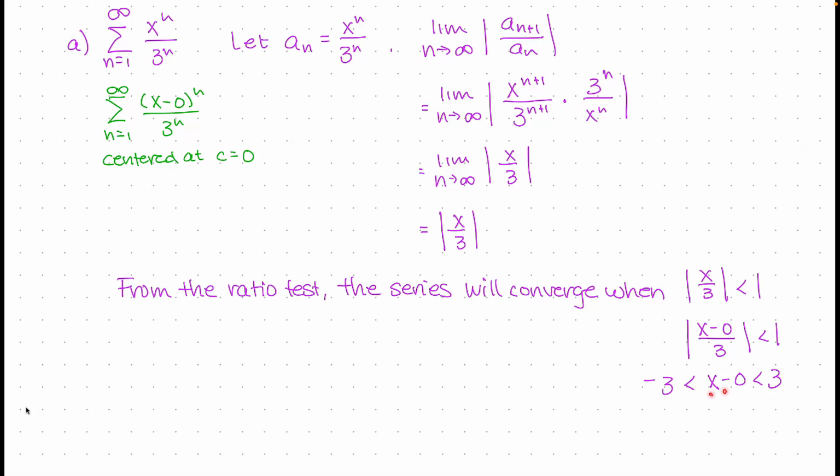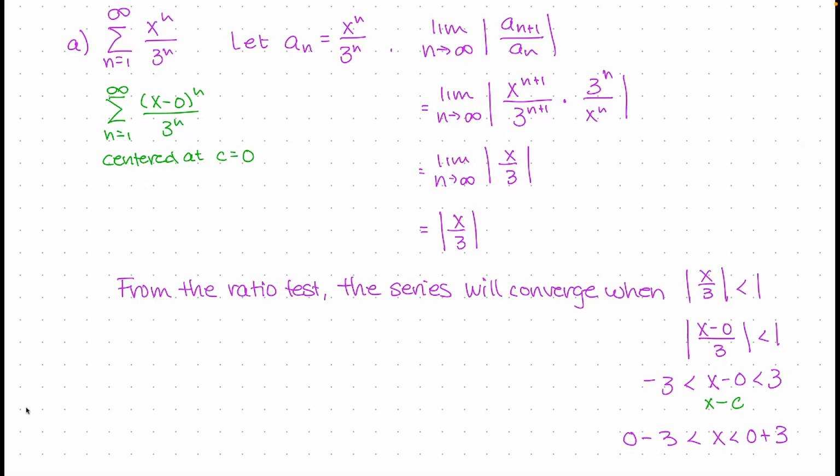So here's my x minus c right there. We can see x minus c in the middle, and we're going plus or minus. Actually, let me even write this further. Since c is 0, I could do 0 minus 3 is less than x is less than 0 plus 3. My radius of convergence is just 3.